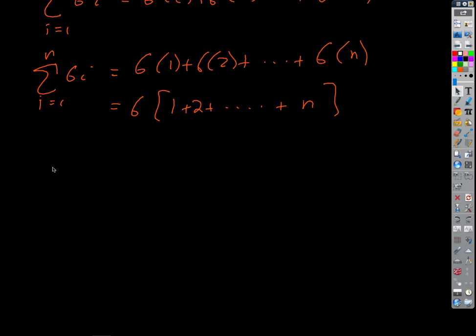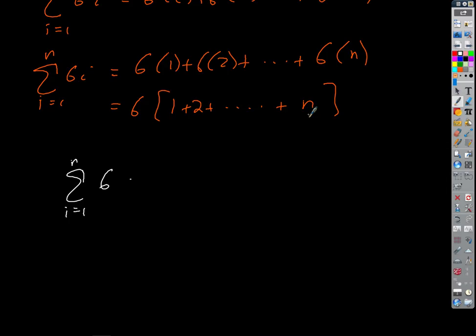We end up getting the sum of 6 times the sum of this thing, right? And what is that? As i goes from 1 to n, well, that's the sum of i, isn't it? Because I'm getting 1 plus 2 plus 3, so as i goes from 1 to n, does that make sense?